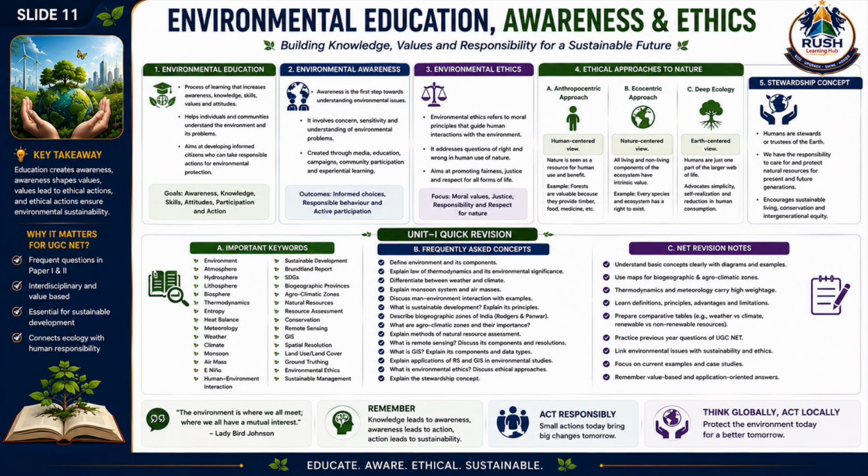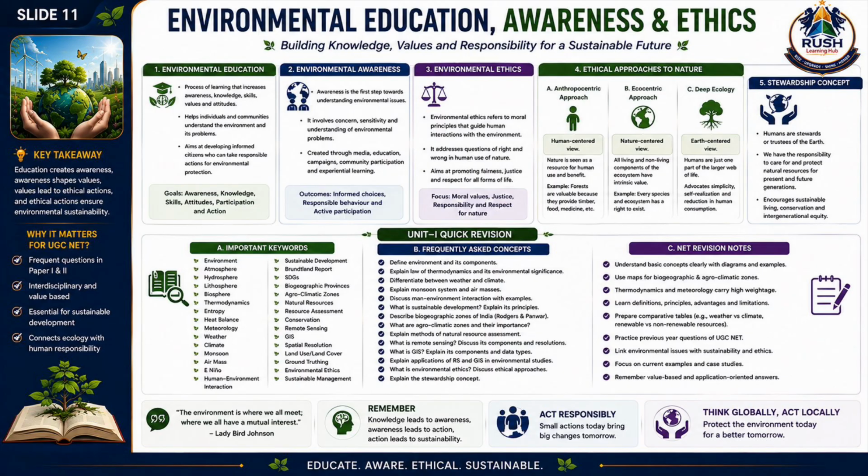The third approach is ecocentrism. Ecocentrism extends moral concern beyond individual organisms to entire ecosystems. This approach emphasizes ecological integrity, ecosystem health, biodiversity conservation, and long-term sustainability. According to ecocentric thinking, humans are part of nature rather than separate from it.